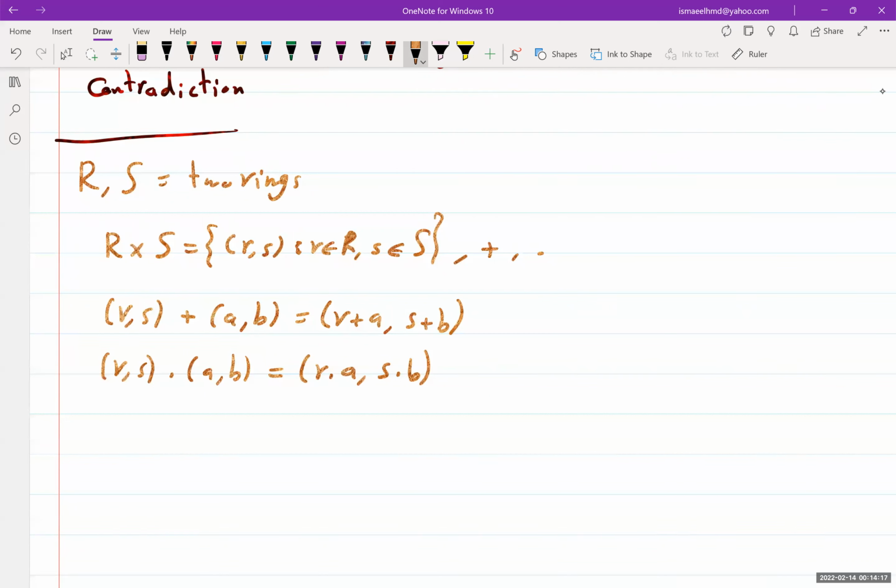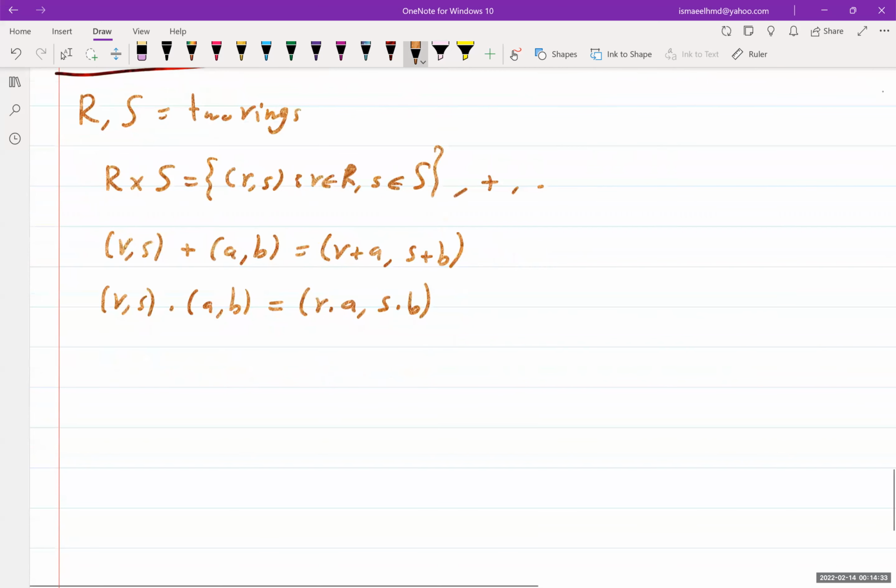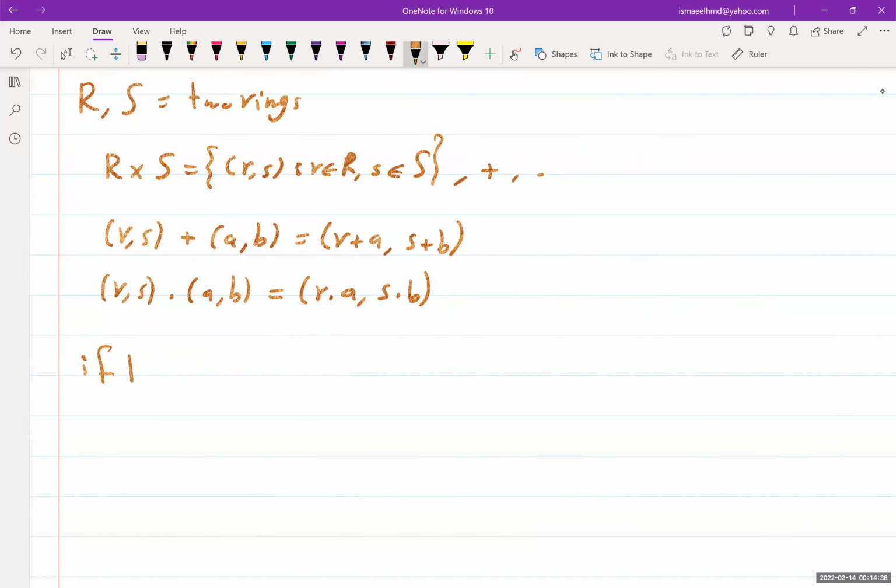So with these two binary operations, R cross S is a ring. This ring in any situation cannot be a field, even if R and S are fields. Then R cross S, the direct product of R and S, is not a field.